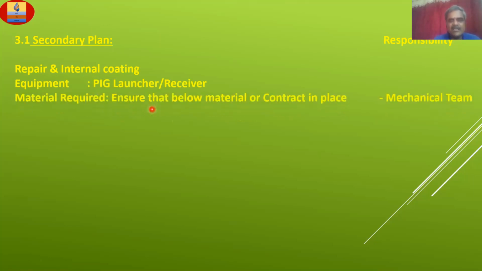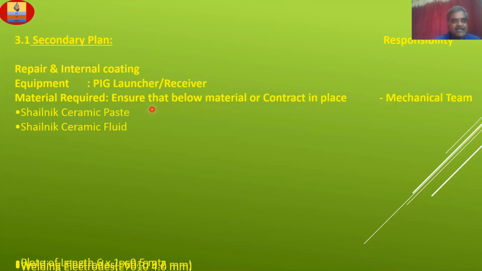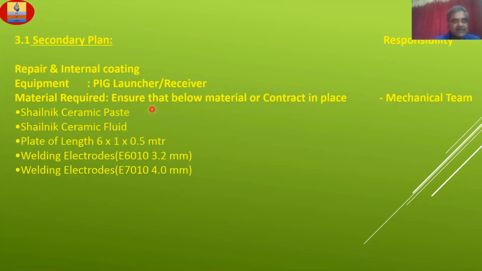Material required: ensure that the below materials are under contract in place. Ensure that the operation team and mechanical team are aligned. Sealing ceramic paste, sealing ceramic fluid. Plate of 6 by 1 by 0.5 meters.